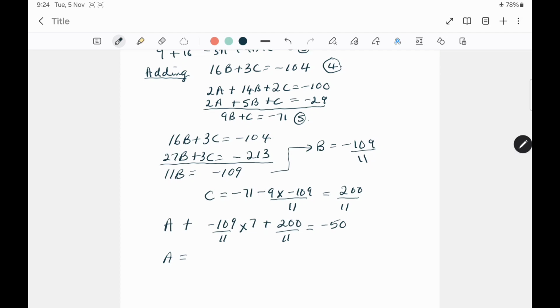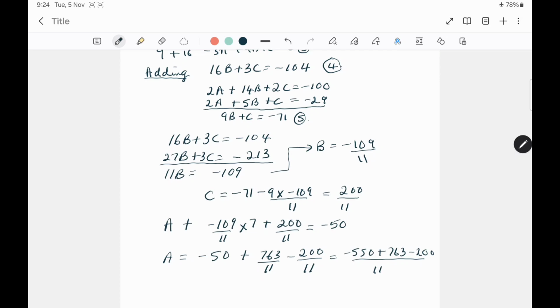So a will be minus 50 plus 763 over 11 minus 200 over 11, which is minus 550 plus 763 minus 200 over 11.